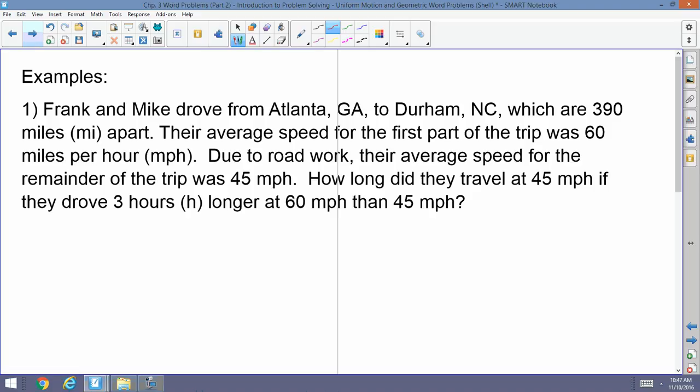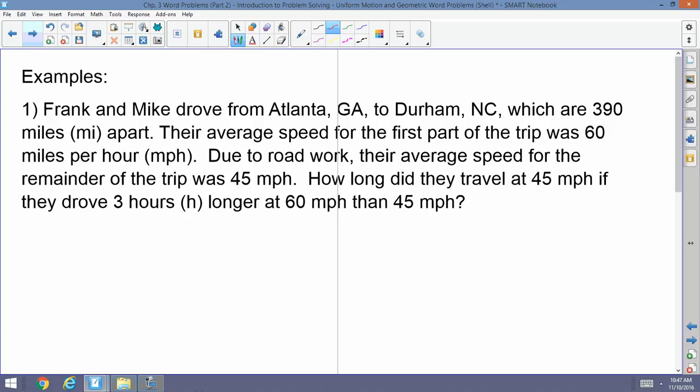Frank and Mike drove from Atlanta, Georgia to Durham, North Carolina, which are 390 miles apart. Their average speed for the first part of the trip was 60 miles per hour. Due to road work, their average speed for the remainder of the trip was 45 miles per hour.